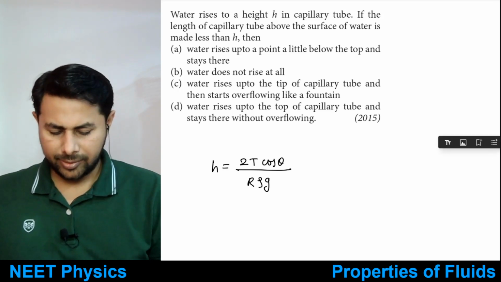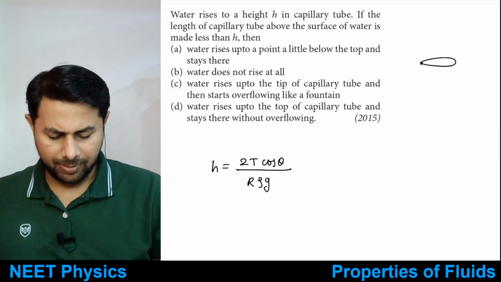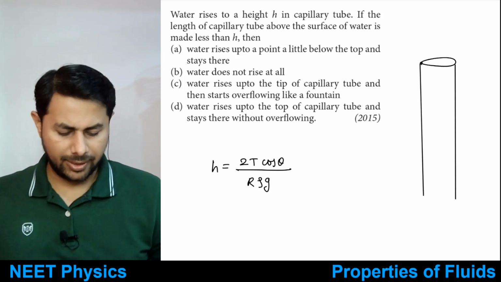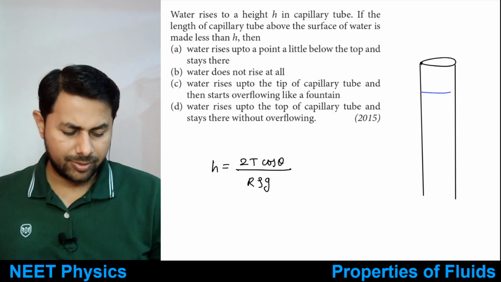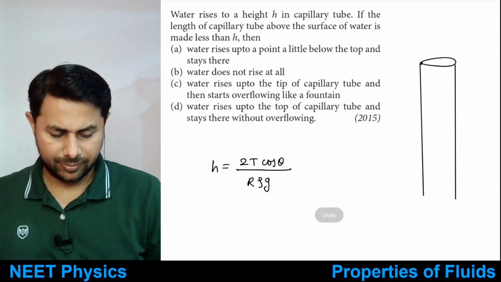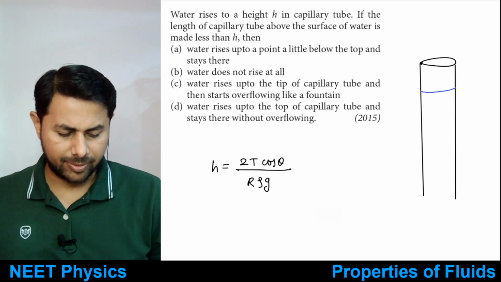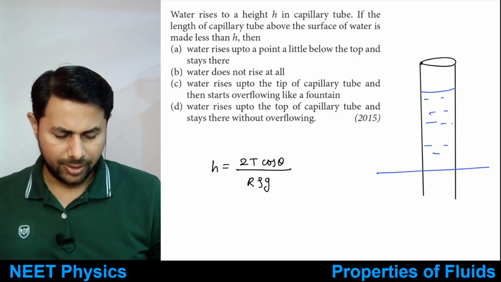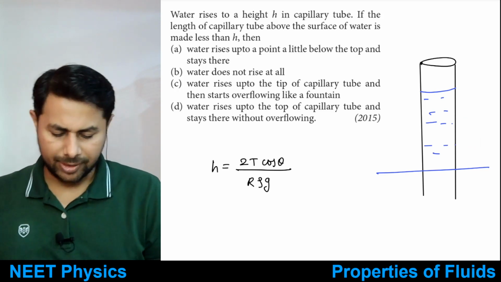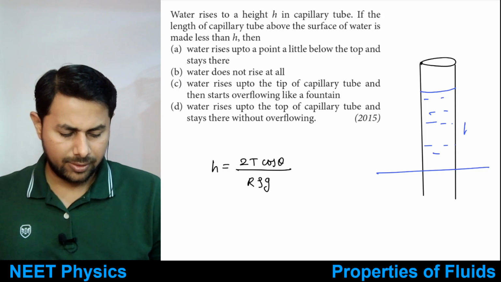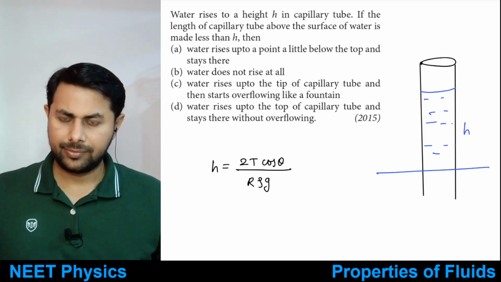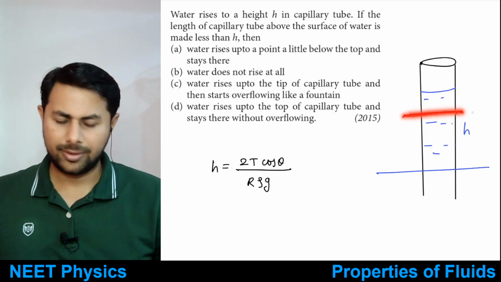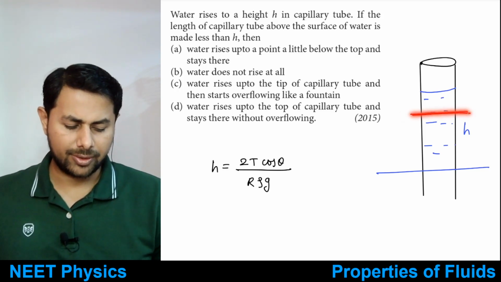So the question is, you have this capillary tube and water can rise up to this level, let's say, and this was the original level. So this is the height of water in the capillary tube. Then you cut this capillary tube over here. Then what would happen?